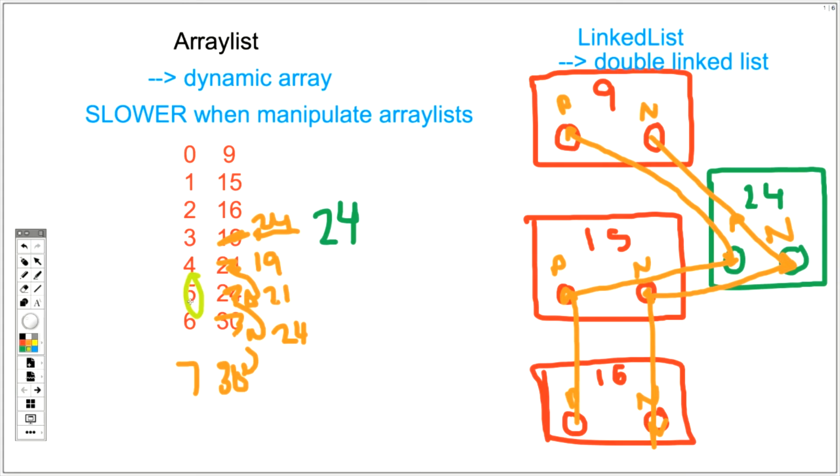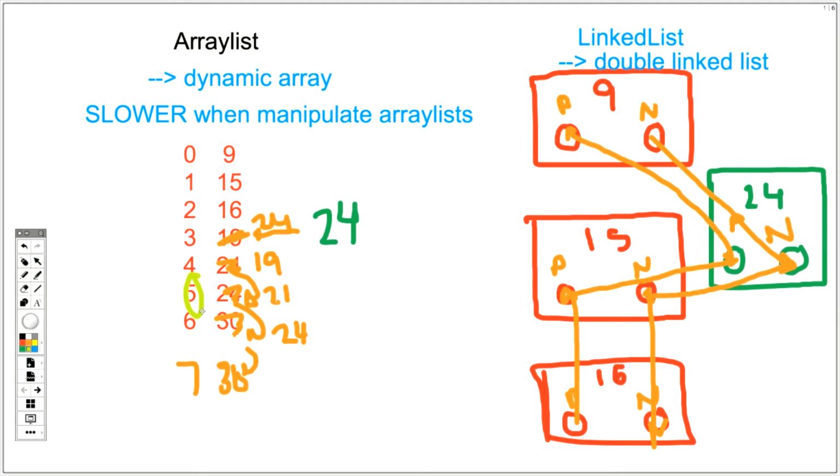It would just go to index 5 and retrieve it. Whereas in the linked list, it would go through each number like a linear search. It would begin with 9, then go, oh no, and then it would finally search for its 5th number.